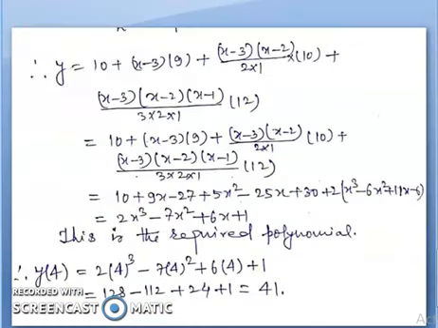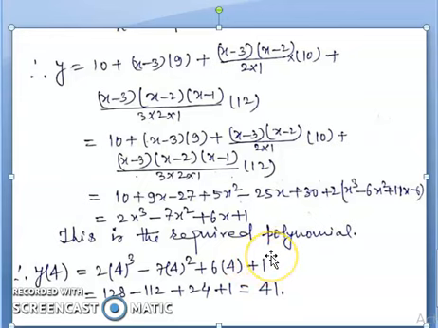Now on substituting all these values of xn, yn, and u in equation 1, we get y equal to 10 plus, this is the value of u, (x minus 3) of 9 plus (x minus 3)(x minus 2) divided by factorial 2, factorial 2 can be written as 2 into 1, of 10 plus (x minus 3)(x minus 2)(x minus 1) divided by factorial 3, factorial 3 can be written as 3 into 2 into 1, of 12. On simplification this becomes the polynomial 2x cube minus 7x square plus 6x plus 1. This is the required polynomial.